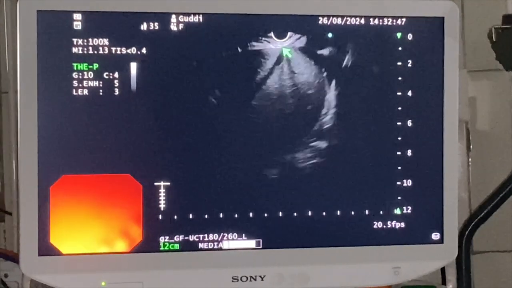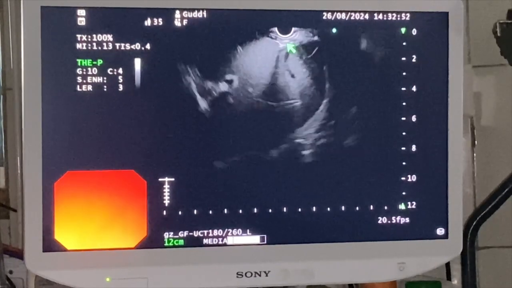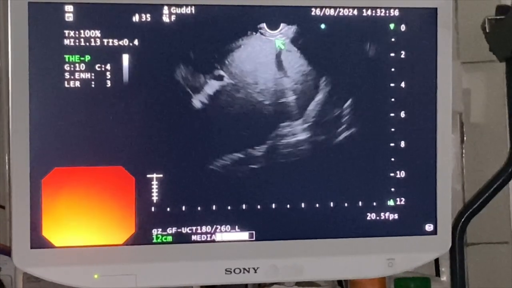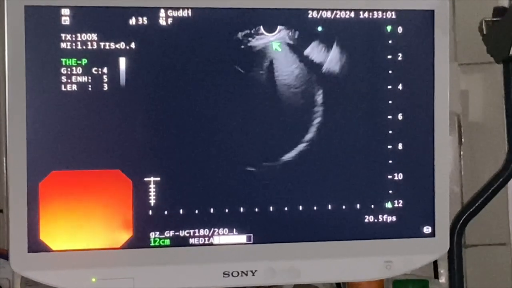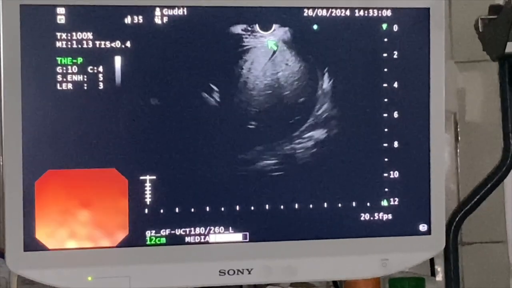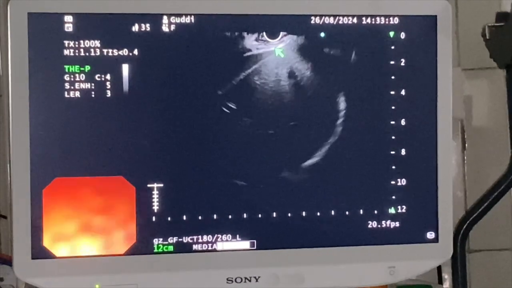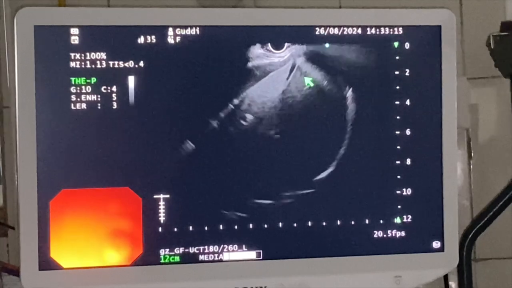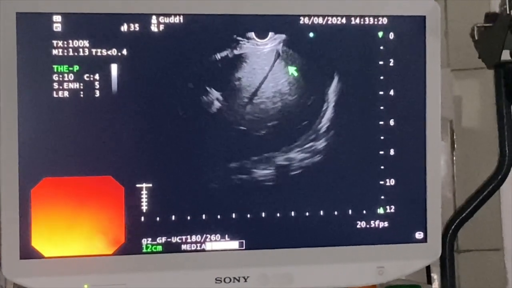So this is the right hepatic vein we are finding. Over here is the right hepatic vein. How do we identify the right hepatic vein?